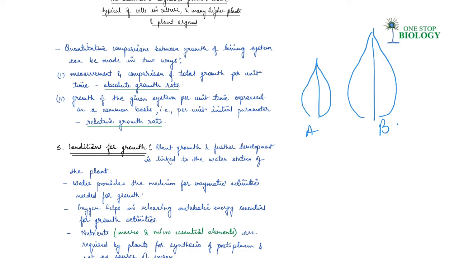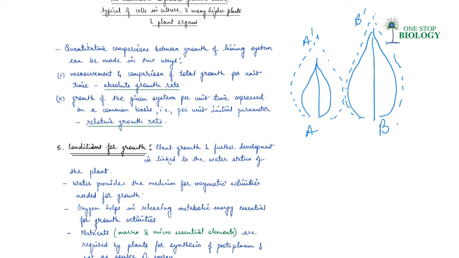So in the given time that we give these leaves to grow, they show absolute growth. Say at a given time, this leaf grew to A dash and this leaf grew to B dash.